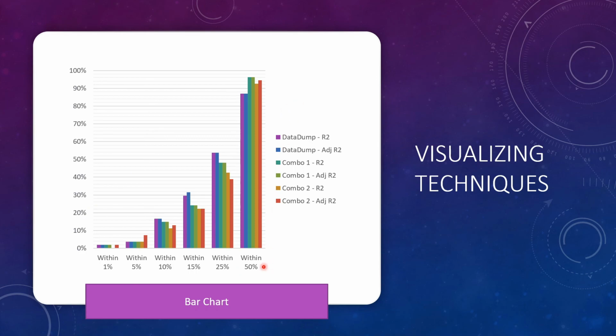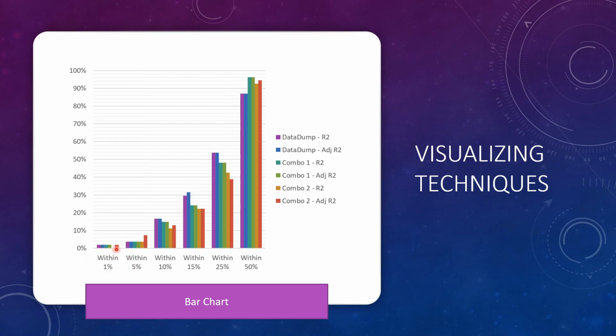The other part that we've done was to do with bar charts. Bar charts are essentially used to make a comparison. Right here, again, this is to do with the accuracy of the data that I'd shown you earlier. Some of the results are within 1%.